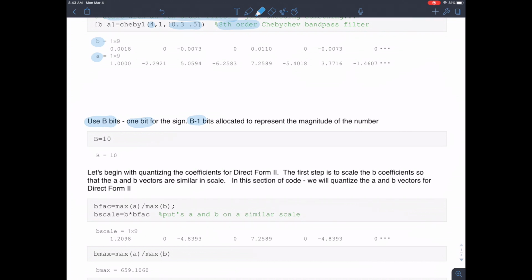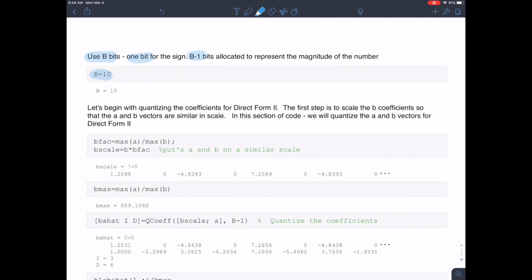In this particular code I chose B equal 10, and that's the idea. I want you to be able to explore this. Whenever you do an assignment on this, you can choose different levels of precision to compare the implementations.